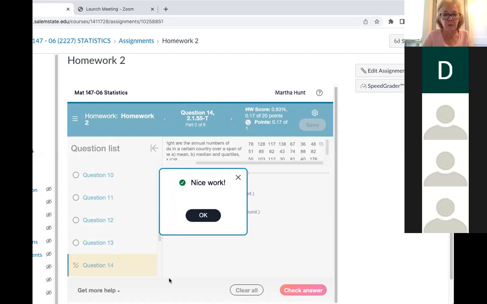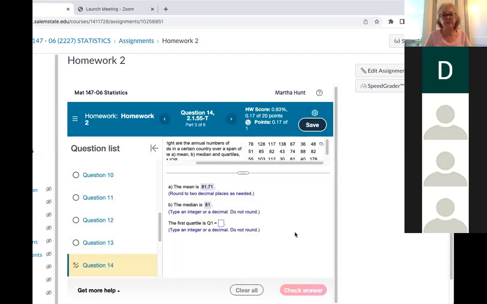Now it's going to be boring to you for me to enter all the other stuff. It's going to ask for Q1, which we all wrote down, and Q3 and IQR, and the rest is kind of boring. But the takeaway from this is use this sliding bar to open it in StatCrunch.